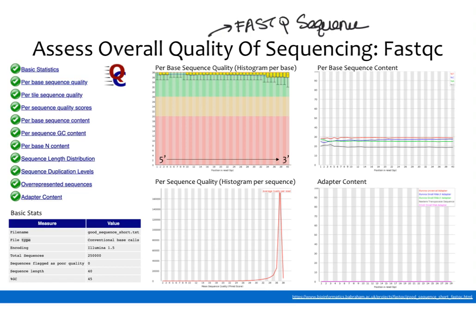These are all the things that FastQC gives you. We're going to go through a few of them. This is your basic stats. It tells you what your file is, how many sequences were in it, how many were flagged as being poor quality, and what the average length of your sequence is. So this is some basic information about your sequencing file.